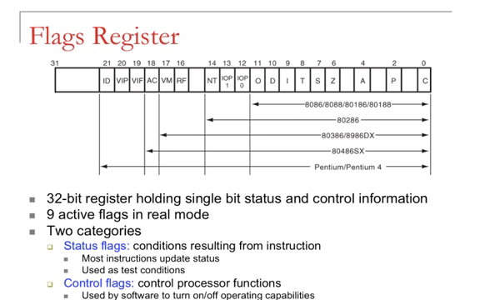But of course, that depends on the actual instruction. Some instructions may not update the carry flag. For example, with a data transfer instruction like move AX, BX, the move instruction does not generate any flags, so it will not affect the carry flag value.